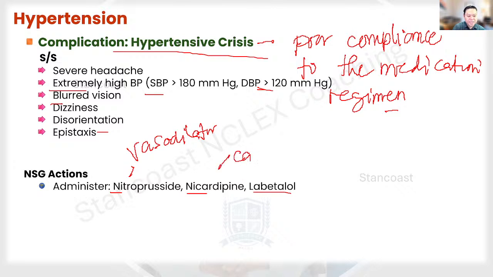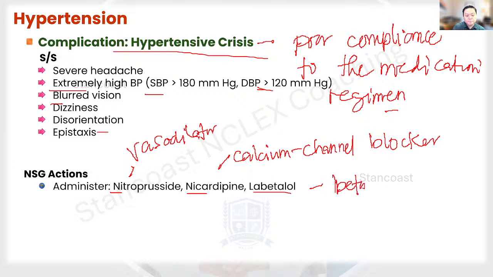Nicardipine is a calcium channel blocker. And then we have labetalol, which is actually a what? A non-selective beta blocker.